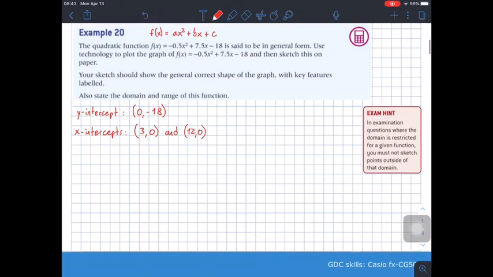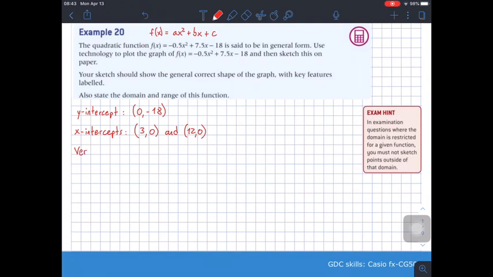Then we identified the vertex. In this case, the vertex, let me see, G-Solve maximum. The vertex had coordinates 7.5, 10.125.